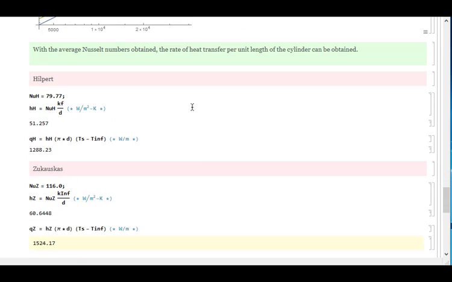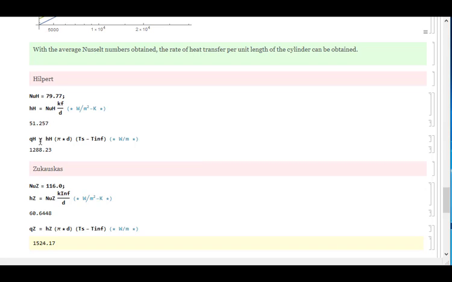So now we can go ahead and determine the rate of heat transfer per unit length of the cylinder. For the Hilbert, we said our Nusselt number is 79.77. Multiplying the Nusselt number by the thermal conductivity of air divided by the diameter of the cylinder, we get a heat transfer coefficient of 51.257.